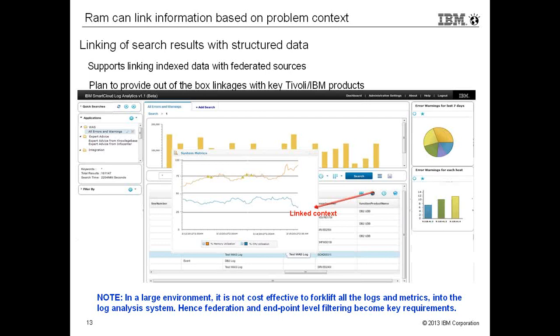An important note here is that in order to do this, Ram doesn't have to take all the data from these monitoring tools and index that in the system. Instead, we do federation, which means we execute APIs in order to pull data from that particular system. It could be an API or it could be an SQL depending on the data source. Pull that information and display it in the context of the problem at hand.